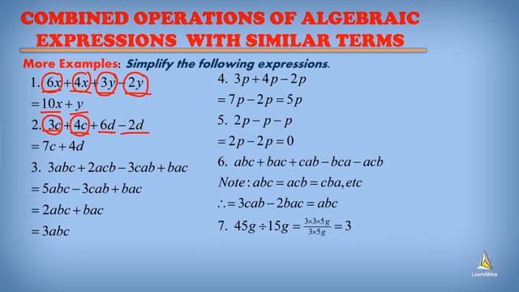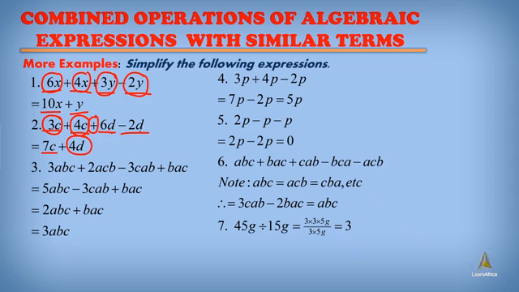That will give us 7c. Then we also have 6d minus 2d. That will give us 4d. Then we put it together with our operator in the middle, which is the positive sign. So that's the answer to question 2, 7c plus 4d.